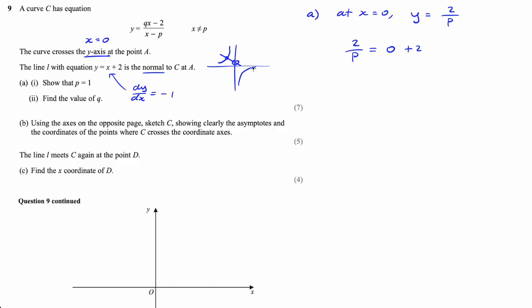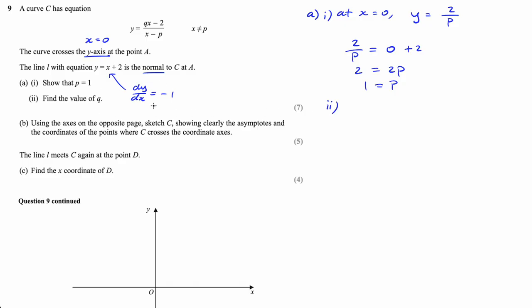So 2 over p, I'll just remove that, guys, because that may not be what it looks like at all. So the 2 over p must equal the line at this point. So 2 over p equals 2, 2 equals 2p, and then p equals 1. So that's part i, and then part ii, find the value of q.